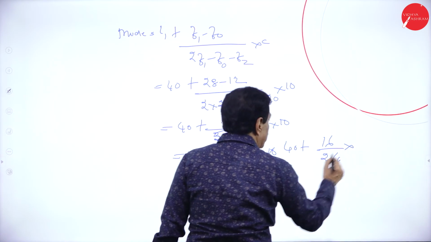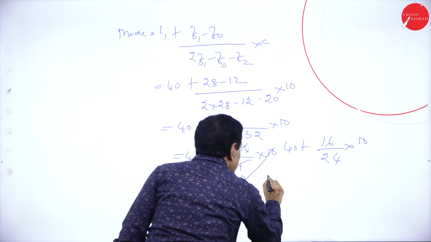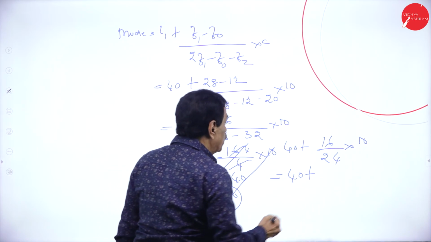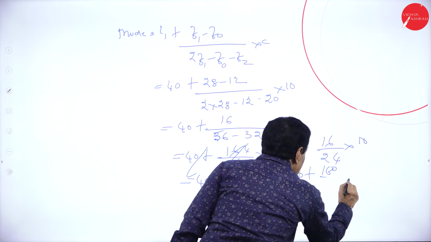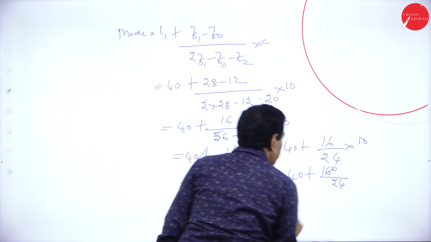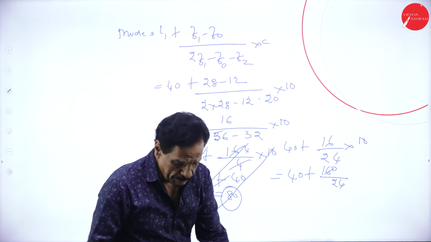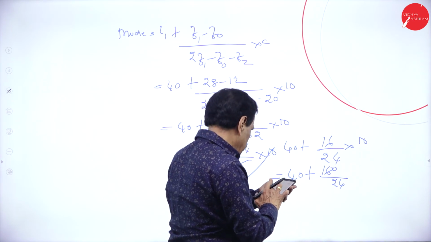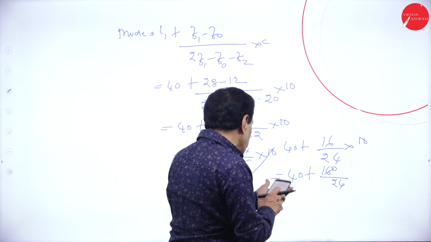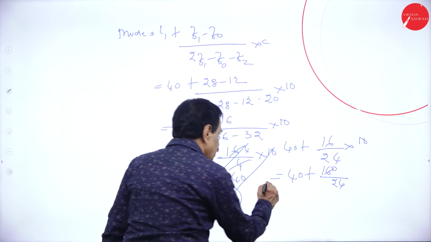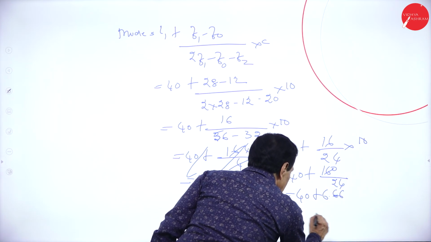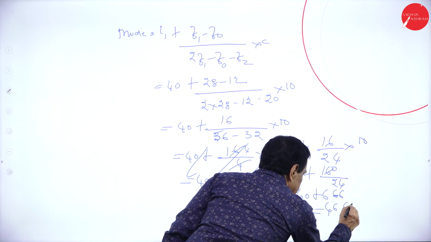24 into 10. Simplify this. 40 plus 16 into 10 is 160 divided by 24. Simplify this. 160 divided by 24 is equal to 6.66. 40 plus 6.66 is 46.66.